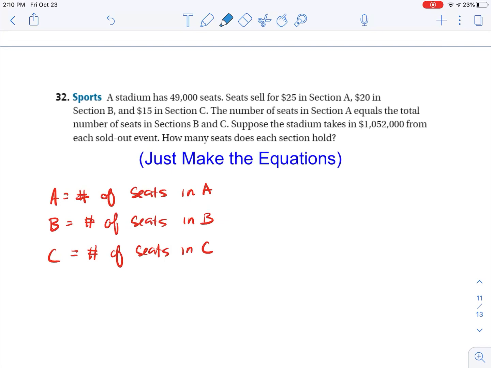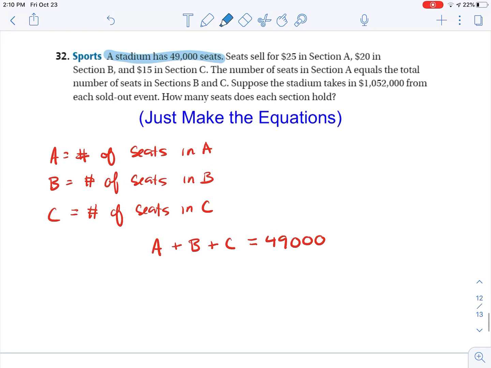Okay, so a stadium has 49,000 seats. So that means all the seats in total. So if I add the seats in A and B and C, it has to be equal to 49,000 total seats.